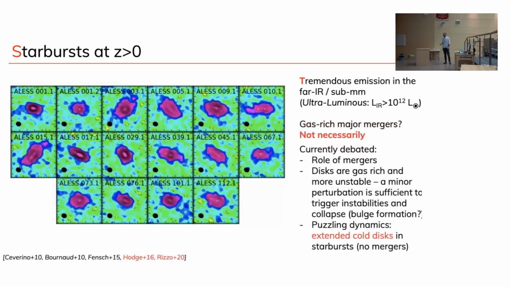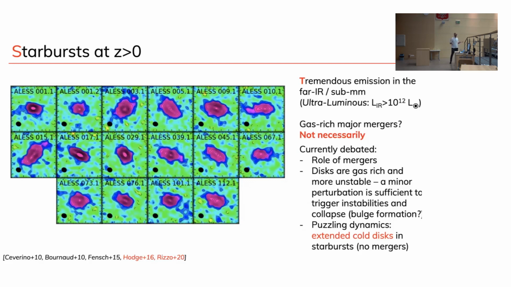But what happens at high redshift? Are these things still just colliding galaxies that are very gas rich? Well, probably some are colliding galaxies, but there are indications that the picture might be a little bit more complex. So this is a collection of what you see in dust emission, the emission of dust in galaxies that are pretty bright.